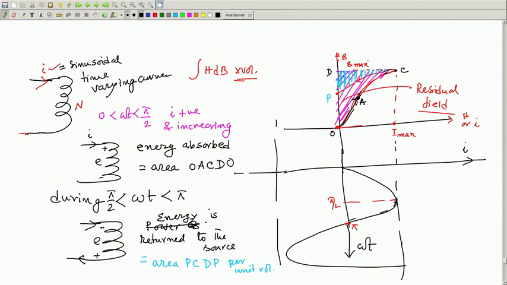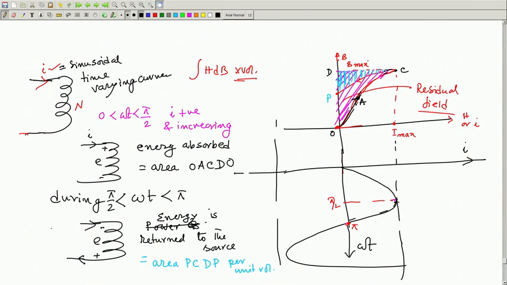And when you decrease the current, that is between pi by 2 to pi, current decreases but still remains positive, but dI/dt is negative, so is d phi/dt. So, induced voltage polarity reverses, current direction still remains the same because it is positive current, and then certainly this coil now delivers energy back to the source.